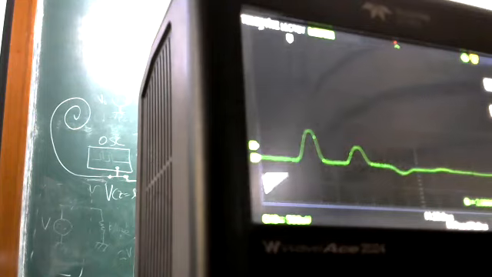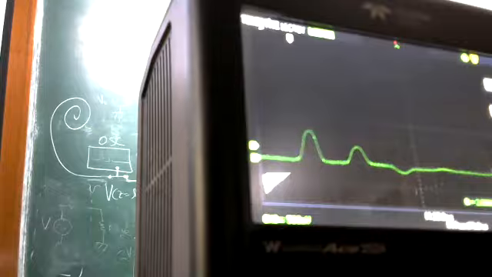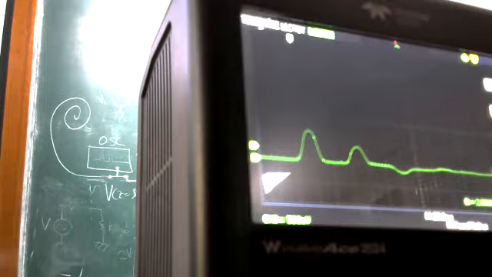Okay, and if in this configuration I short the end, what's going to happen? So everything has become negative.